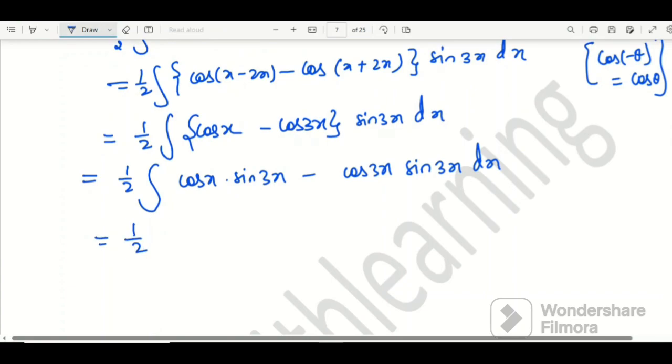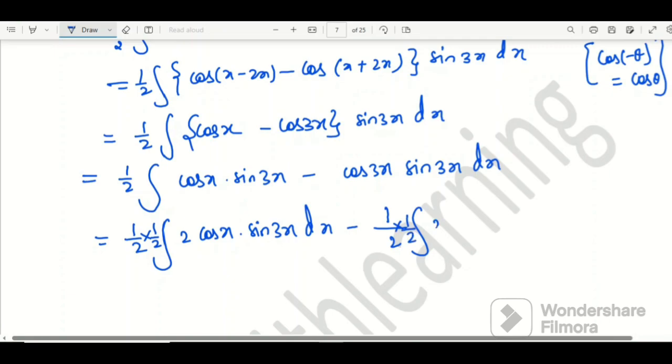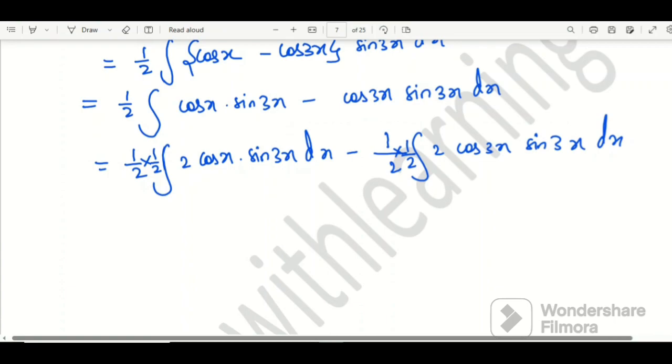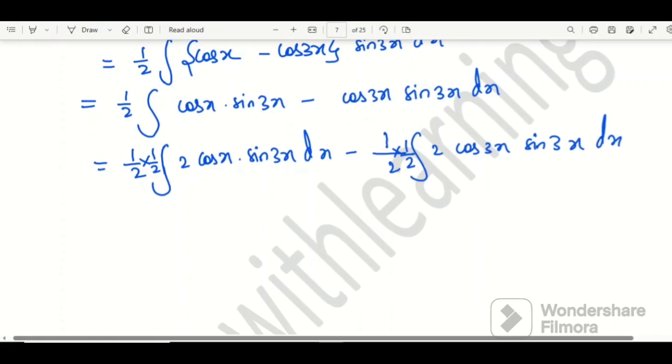So here we'll have integration. If you multiply 1 by 2 outside, I will take 2 inside also to use the formula of 2 cos a sine b, to sine 3x dx minus 1 by 2 into, again I will multiply 1 by 2 outside and I will take 2 inside. So it will be cos 3x into sine 3x. Here we can apply both formulas: 2 cos a sine b again, and also here theta is same, you can see.